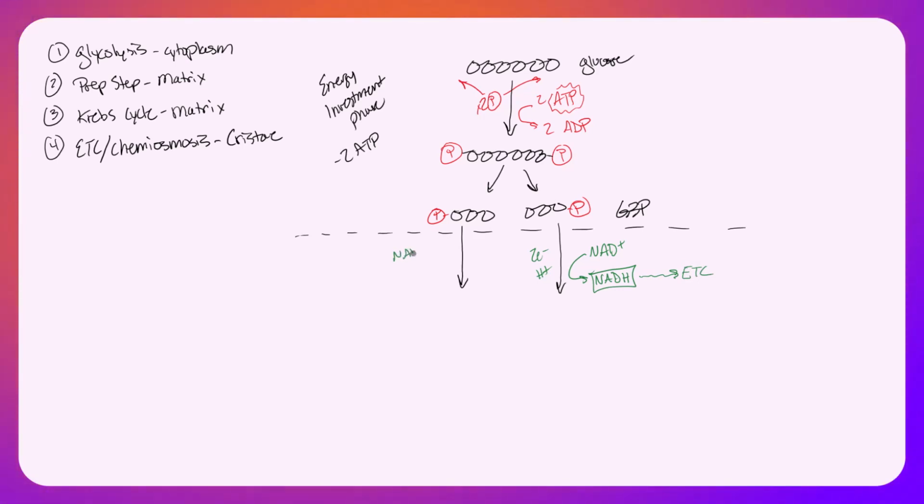Again, it occurs on this side as well. NAD+ comes in. It is converted to NADH. That NADH is off to the ETC as well. It grabs its pair of electrons and a hydrogen ion and therefore takes those electrons and hydrogens from those G3P. So from each G3P, we have produced 1 molecule of NADH per G3P.